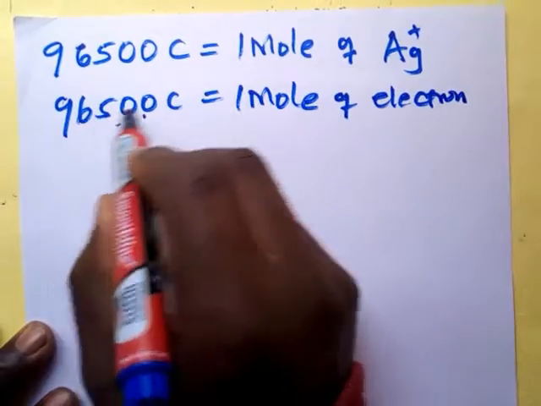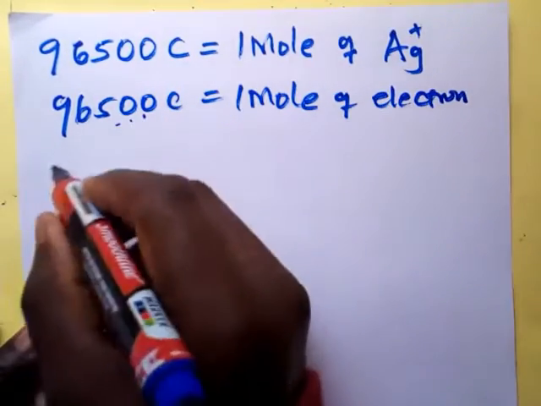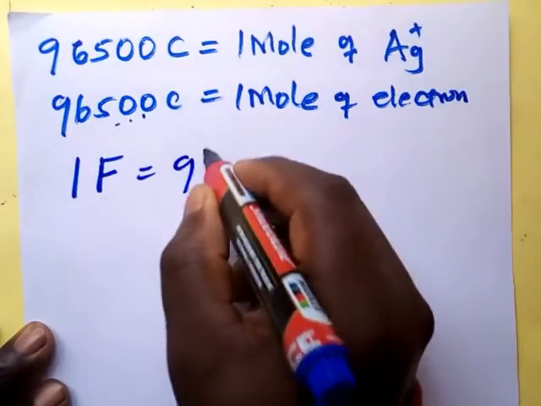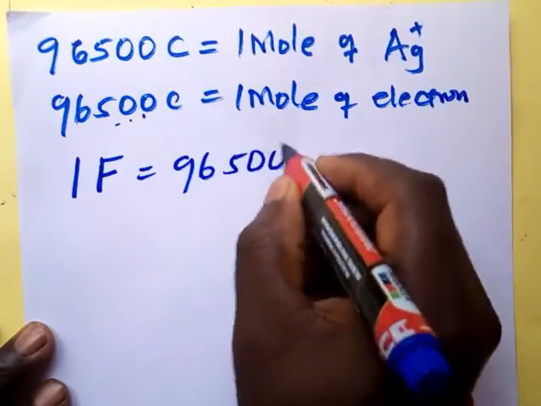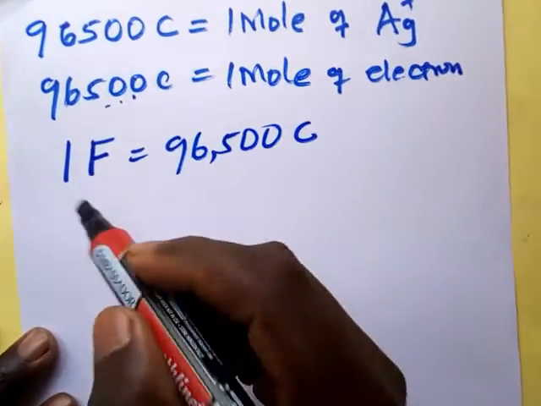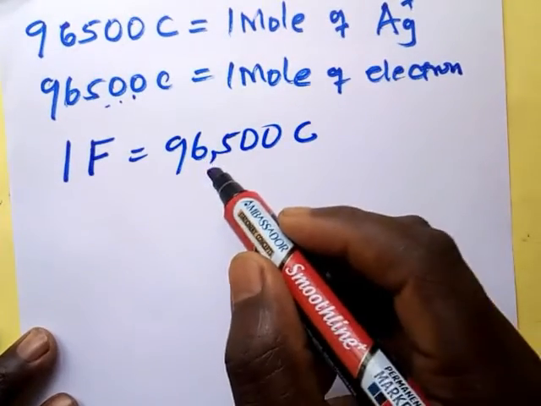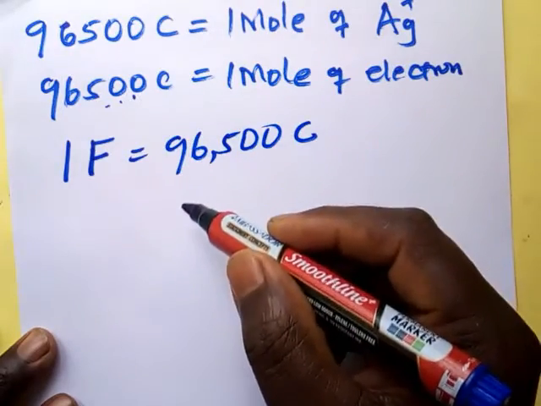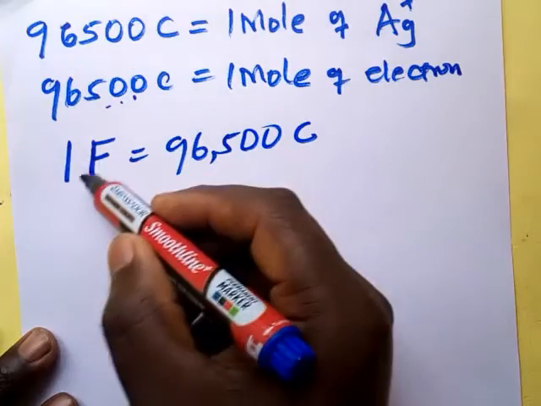Remember, this is Faraday's constant. Therefore, 1 Faraday is equal to 96,500 coulombs. And what is 1 Faraday? 1 Faraday is the number of the charge of that metal. If it is a monovalent, then it is 1 Faraday.